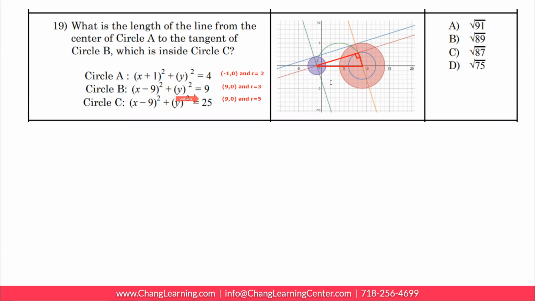All right, so since the distance between this center and this center can be counted on the boxes, that's 10 units across. So between here and here, I can write the value 10. That's 10 units, because we're going from negative 1 up to 9, like so.